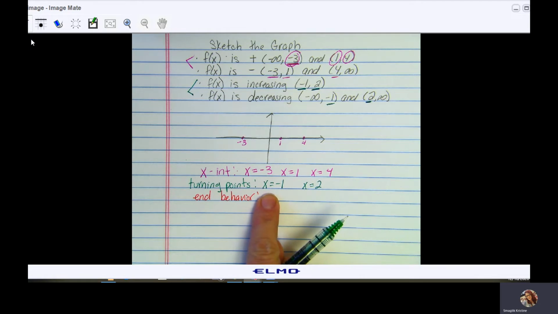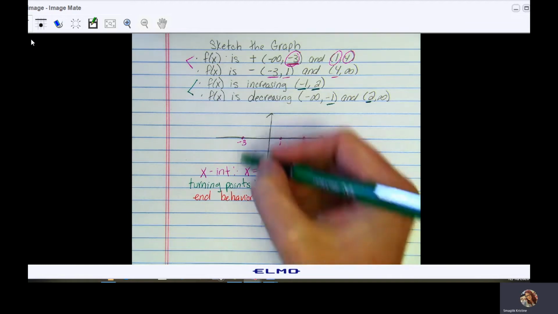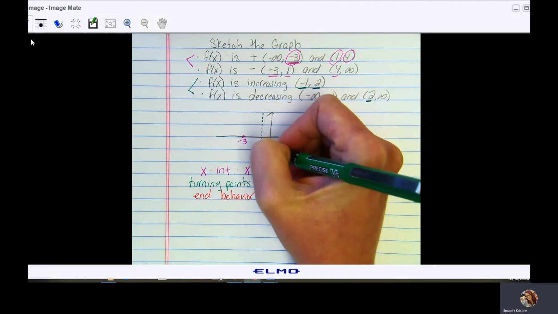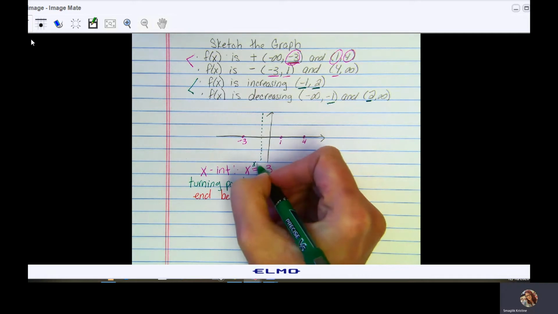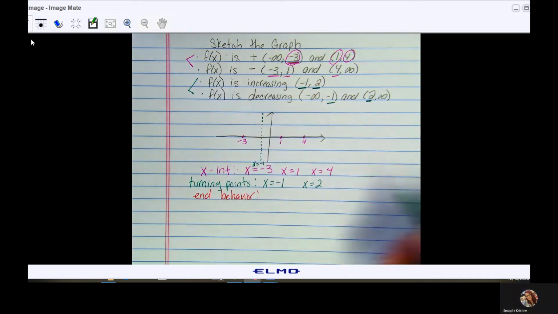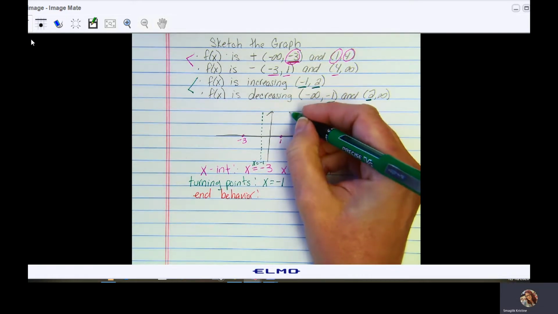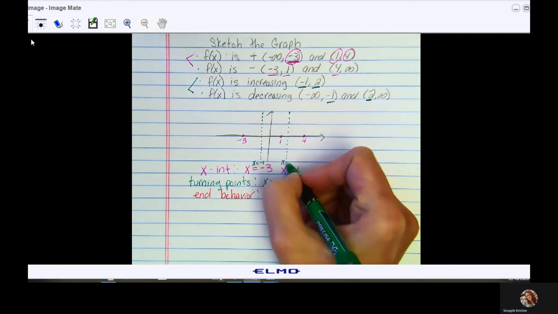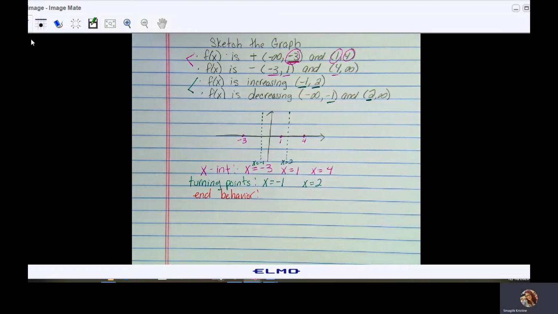We're just doing a rough sketch of a graph. So let's call this, it's going to turn somewhere here. We don't know the y value again. We'll call this x is -1. And so x is 2, we'll put that right in here. So somewhere here is where my graph will turn around.